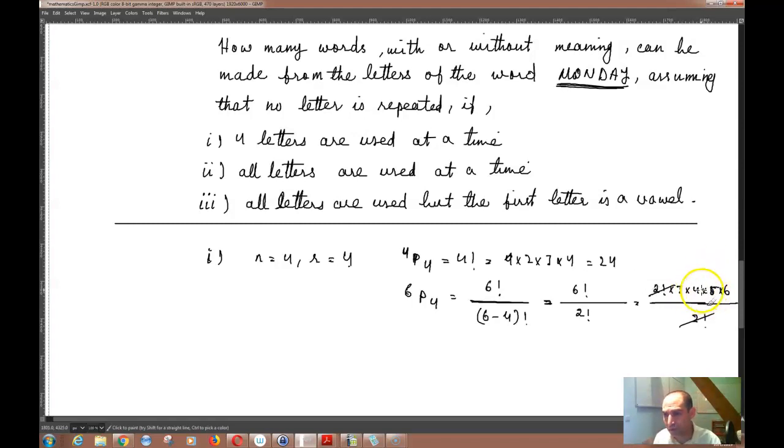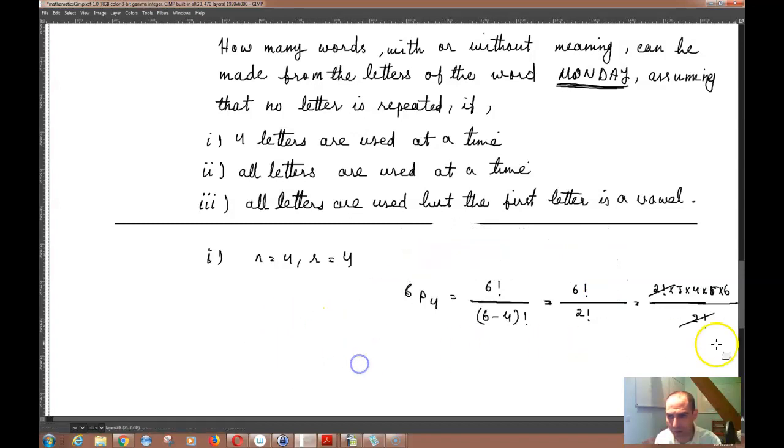That's basically the same thing as 12 times 30, which is equal to 360.